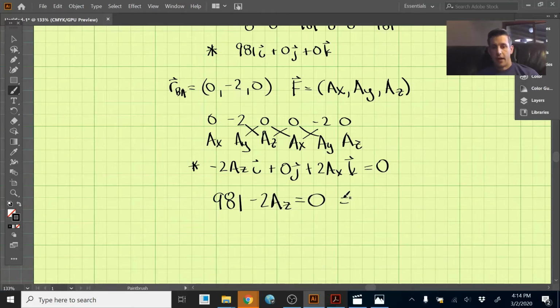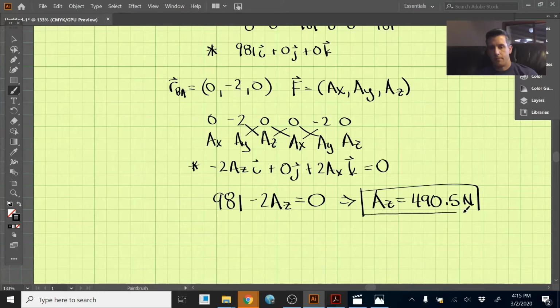Solving that, AZ is equal to 490.5 newtons. So that's one thing we were looking for in the problem.